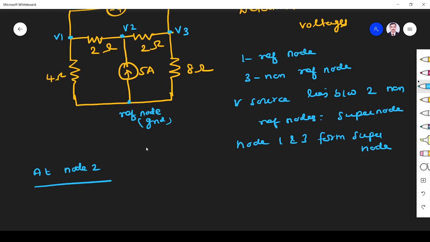The incoming current is 5 ampere, so minus 5, and the outgoing is V2 minus V3 divided by 2. Node voltage here is V2, here V3, and I is equal to V by R, so the potential difference V2 minus V3 divided by R, plus V2 minus V1 divided by resistance 2 ohm, equal to 0. Let us assume this is equation number 1.